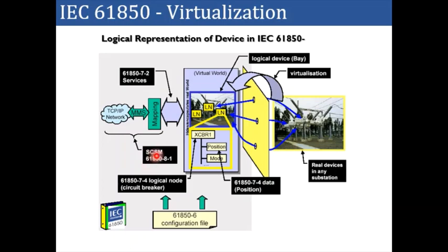Then the specific communication service mapping, that is SCSM, which connects the required information to the MMS, that is manufacturing message specification, you can get in IEC 61850-8-1. So this we will discuss when we talk about the components of IEC 61850.